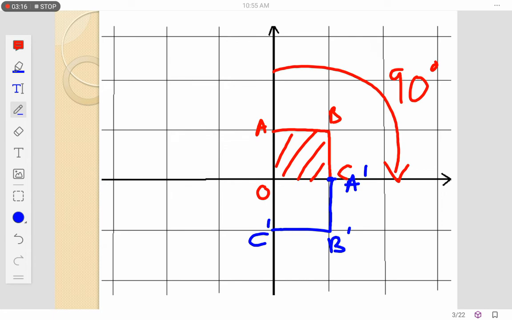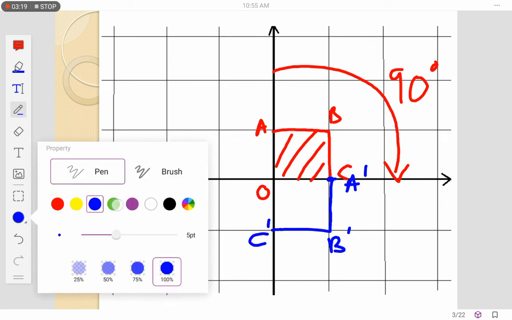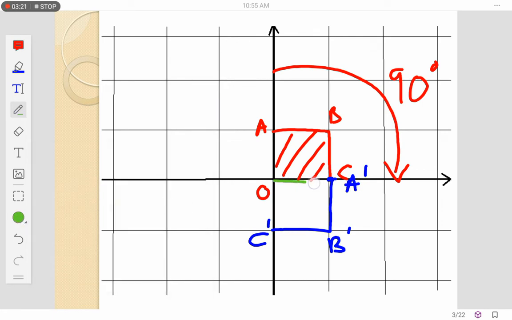Remember we said we're going to concentrate on the values that are on the y-axis and on the x-axis. So our small letter a is now here, our small letter c is now here.